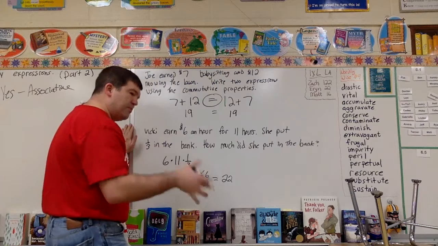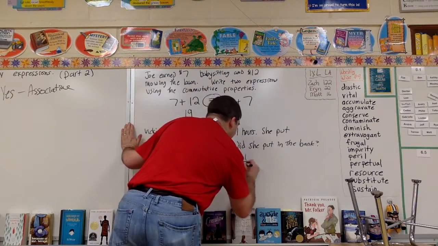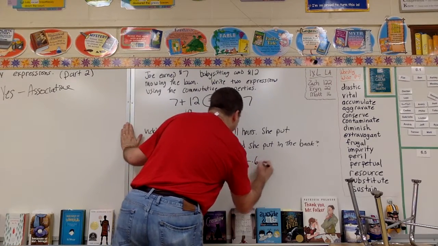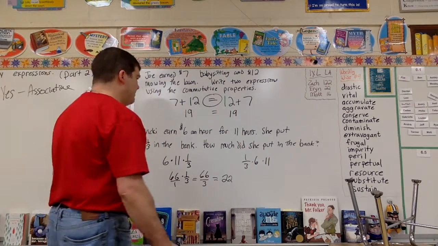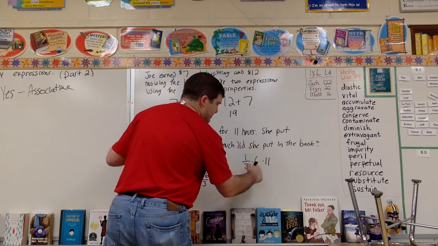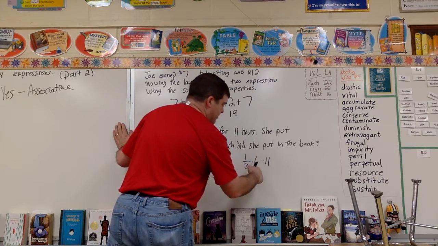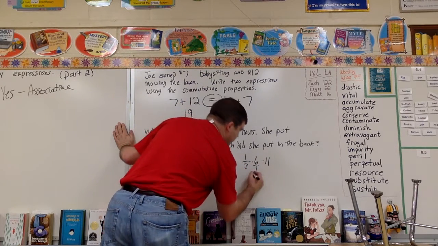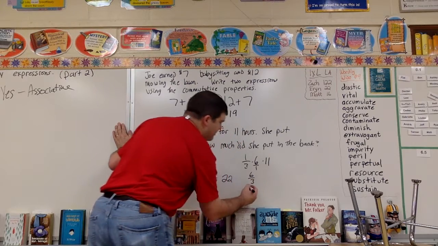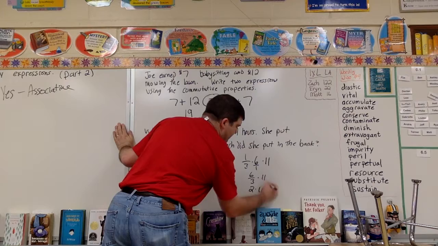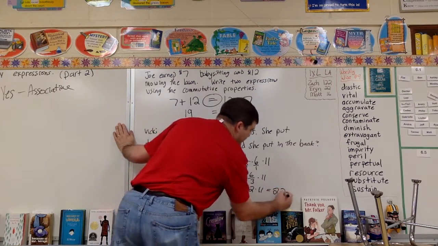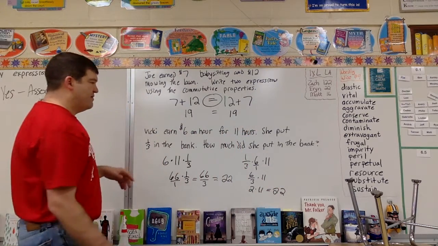With the commutative property, it doesn't matter which I do first. What if I would do 1/3 times 6 times 11? If I do this first, 1/3 times 6, that equals 6/3, which equals 2, times 11. 2 times 11 is 22. Gets me the same answer.